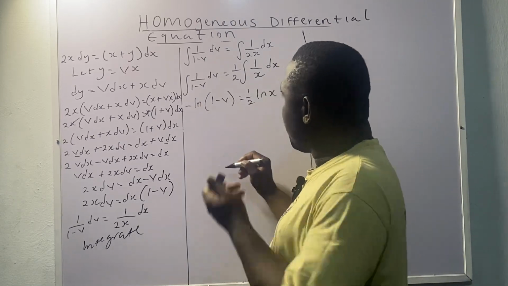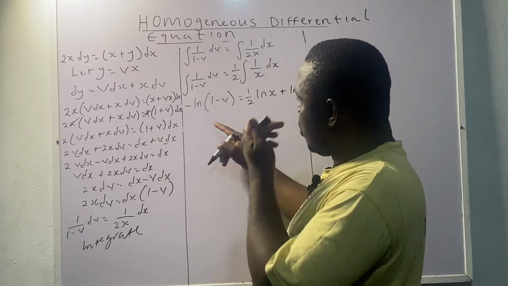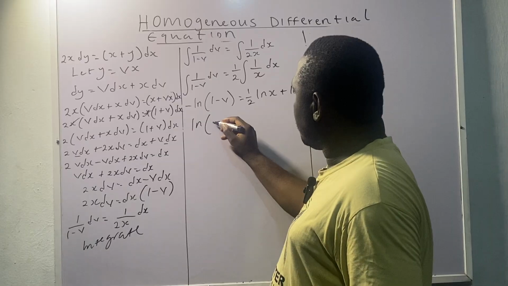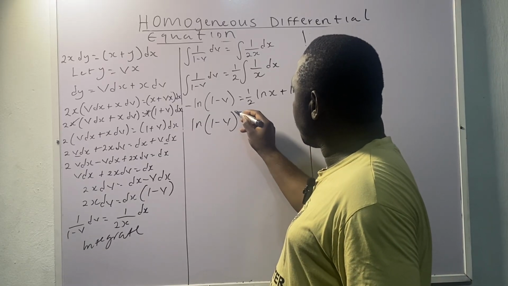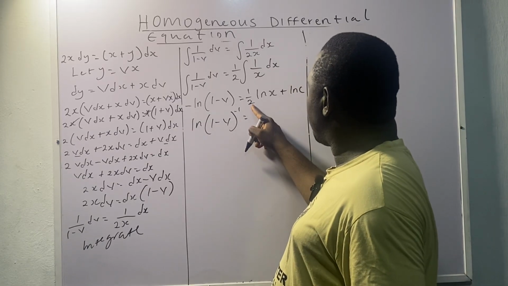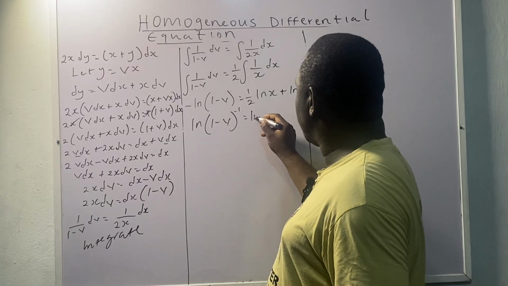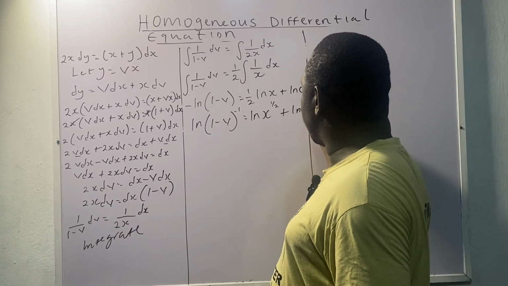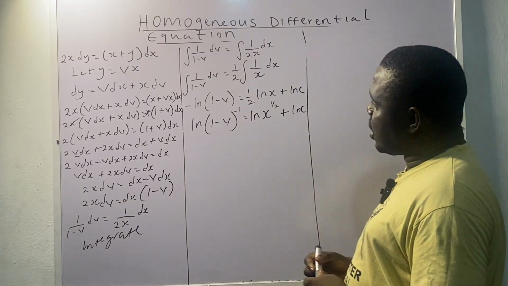So let's apply our law of log. Our law of log, the minus here can come. So we have this equals to minus. And then we can apply the law of log here too. So this will give you half and then c. So what's the next thing I can remember here?